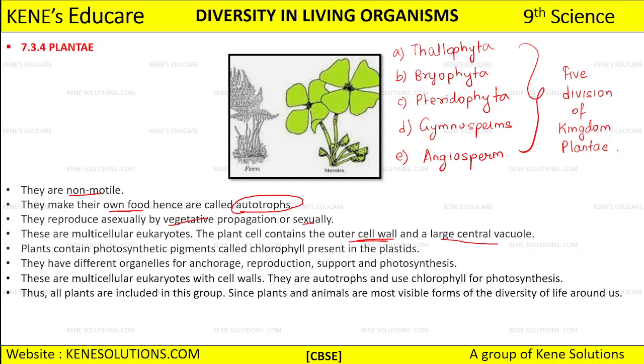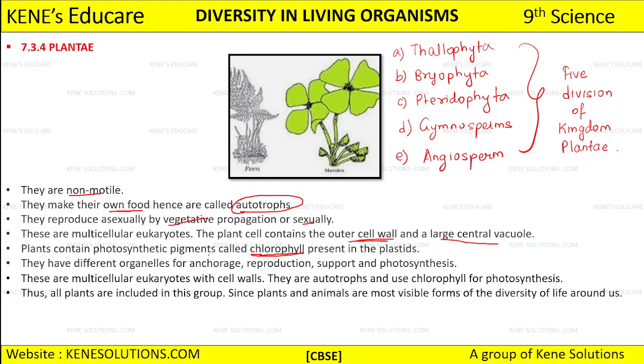Plants contain a photosynthetic pigment, and we call this photosynthetic pigment of the plant chlorophyll. Now where is this chlorophyll present? Chlorophyll is present in the plastid. Now we all know that plants have plastids as well. We have discussed cell wall, vacuole, plastids, cytoplasm and everything in the last class, so you are aware of the components of the cell, right?